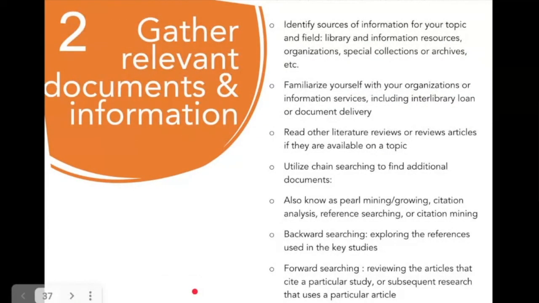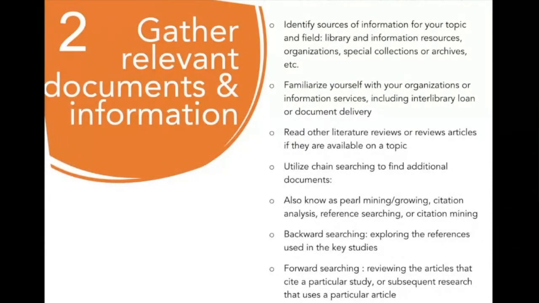Second one, gather relevant documents and information. So you need to identify sources of information for your topic, like I said just now. Are you familiar with terms like pearl mining or growing citation analysis, like the Boolean search I mentioned to you just now? Using different terms, you can find a good article related to your topic.